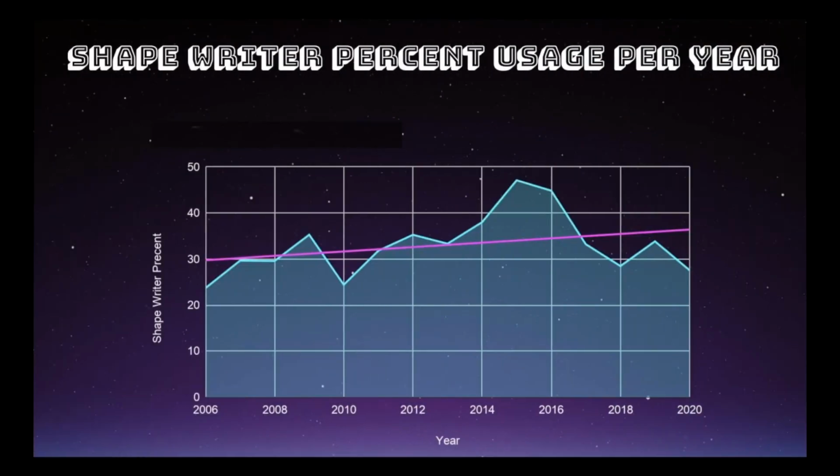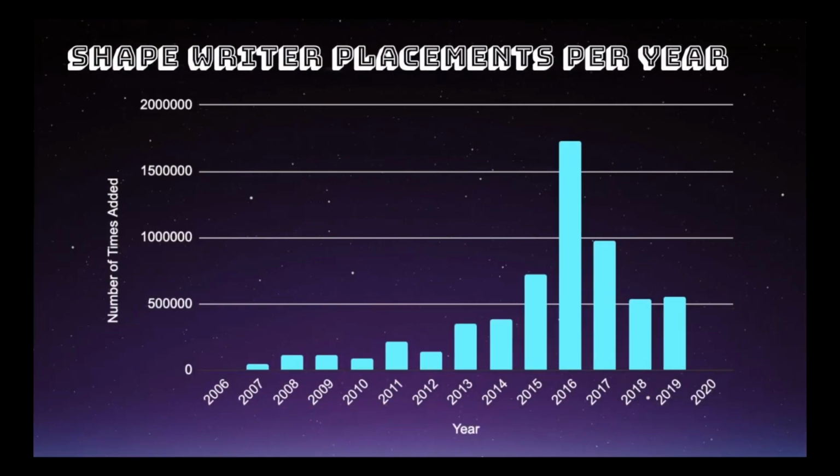Now, moving into a few things with how Shape and FME interact. We just looked at our usage stats to get a sense, and you can see that with time, the percentage of writers in FME that are Shape is slowly increasing, but it looks like there was definitely a spike heading into 2016. And here's the raw number of times from our usage stats, and it feels like we may be past peak Shapefile.